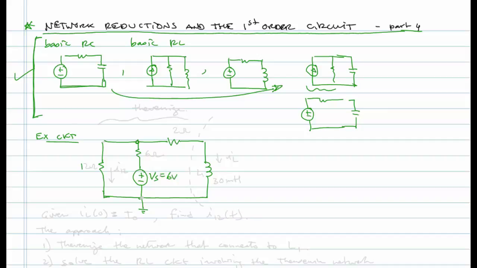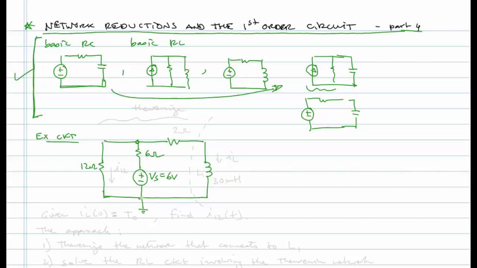We have a 12 ohm resistor and a 6 ohm resistor and a 2 ohm resistor, and we have a 30 millihenry inductor. Okay, and what we want to know is we're looking for the current going through the 12 ohm resistor.